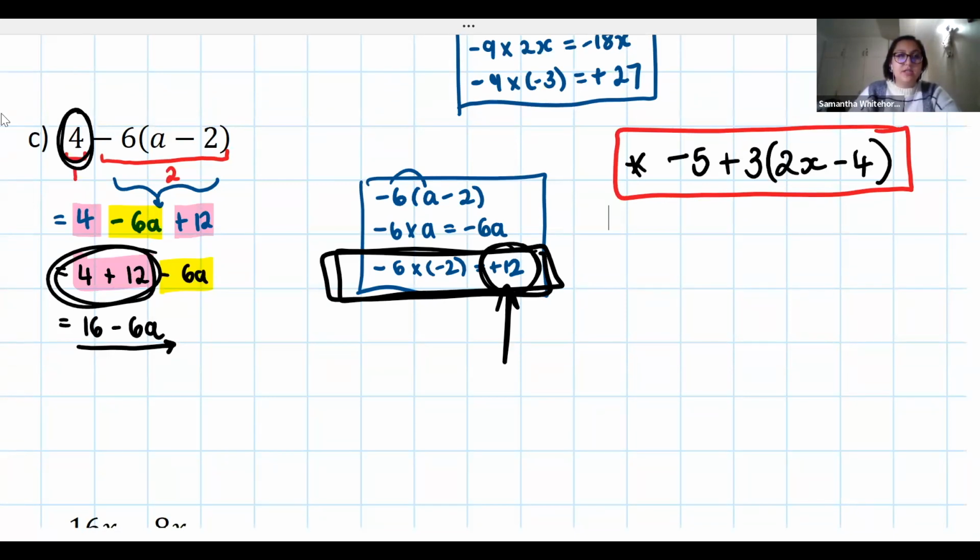I've left question C up just so that you can have an idea of what's going on because they're quite similar. So have a look, have a think. I'll give you a few minutes and then we'll have a look. Remember your steps. Identify your terms, simplify each term, and then go and add or subtract your like terms.